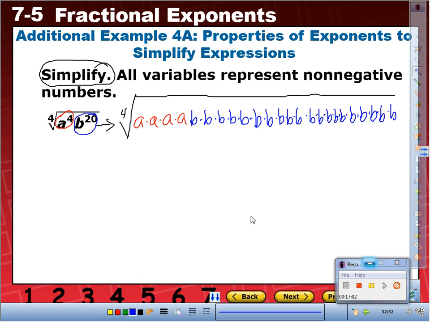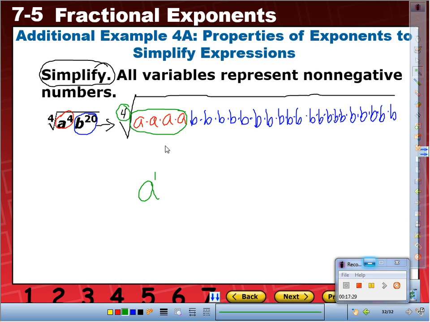Okay? So the question is, if we look up, the index is telling us which numbers multiply in itself how many times? 4. So which one is it? A, so we bring the A out. There it is, and A to the first power, right?